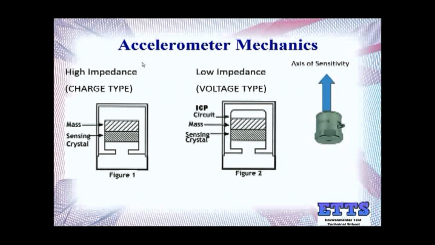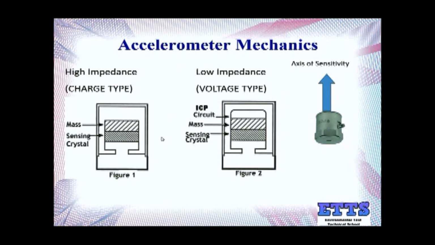Okay, so here we have a high impedance charge type accelerometer. And once again, when you apply a vibration in this direction, the mass compresses the sensing crystal, which causes it to output a charge. Now, a low impedance or voltage type accelerometer works on the same principle. When you apply a vibration force in this direction, the mass compresses the crystal, which causes it to output a charge.